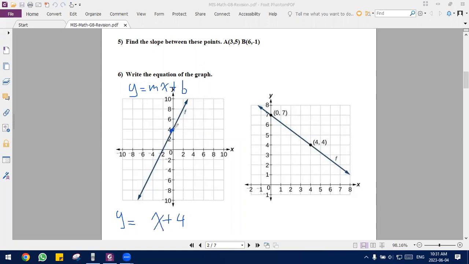You can, for example, take this point and another point, like one from here, and then do y2 minus y1 over x2 minus x1 to find the slope. This is one method. Or the other method, if you have the graph, we know that m is equal to rise over run.